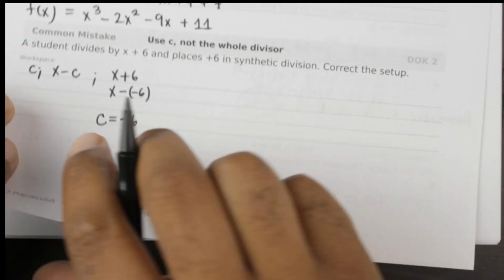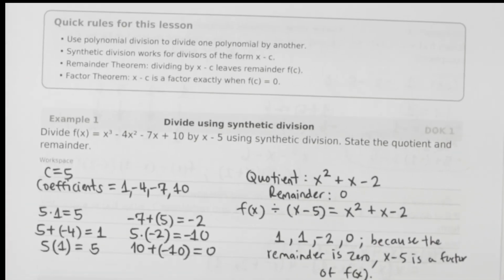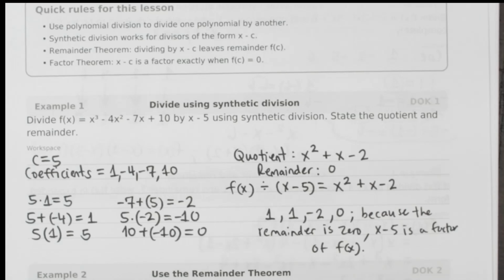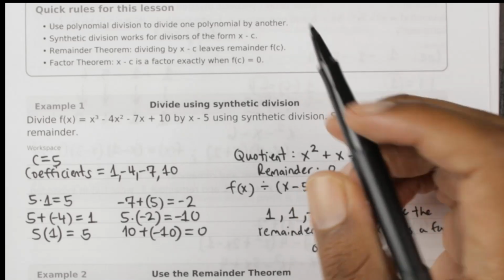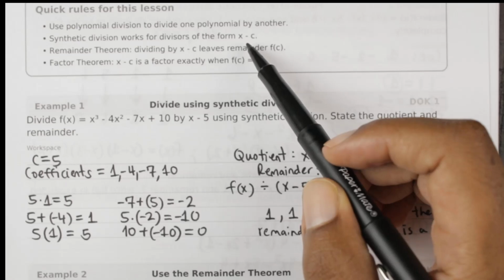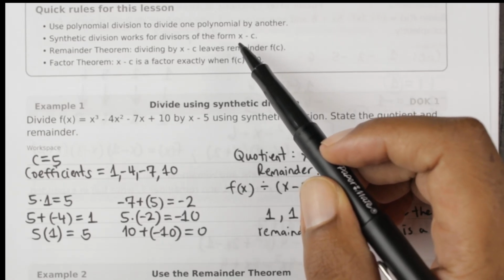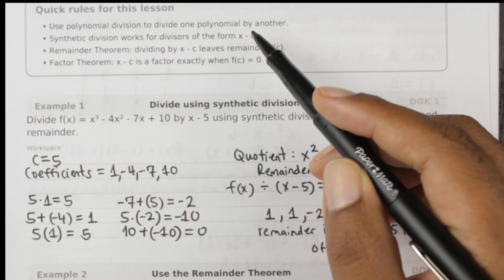Okay. All right. Final review. When you use polynomial division to divide one polynomial by another, you need to be careful because synthetic division works for divisors in the form x minus c. So if you see x plus 1, then you need to change it so that it makes sense according to this form.